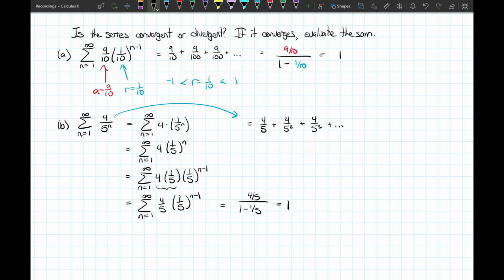And we can see that for each new term, we are simply multiplying by 1/5. You can spot that common ratio right away and say that this is definitely convergent. And our a is our first term, 4/5. You can see that you really only need those two pieces of information to calculate the sum of a convergent geometric series.